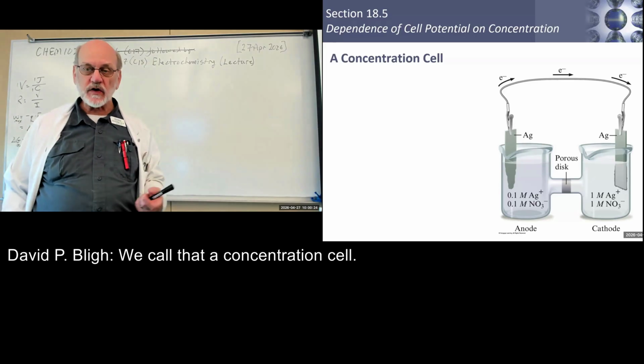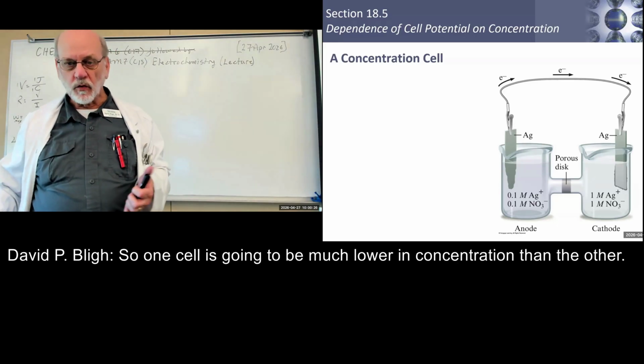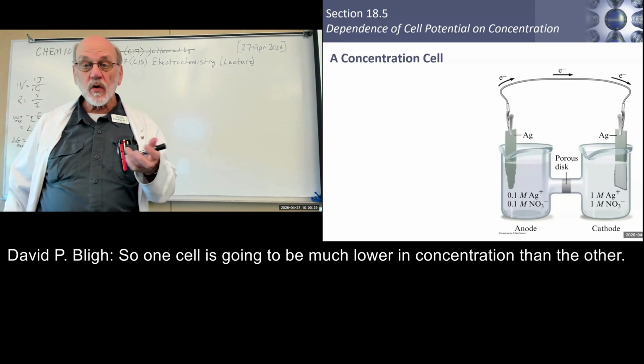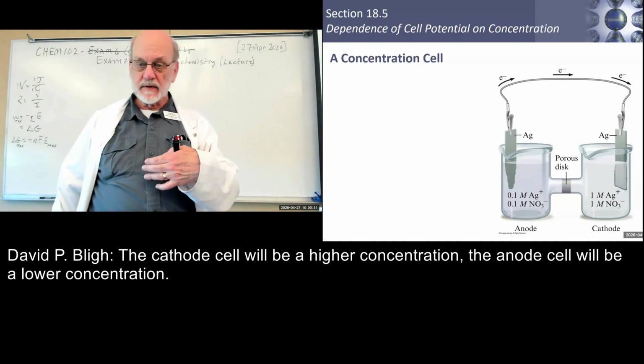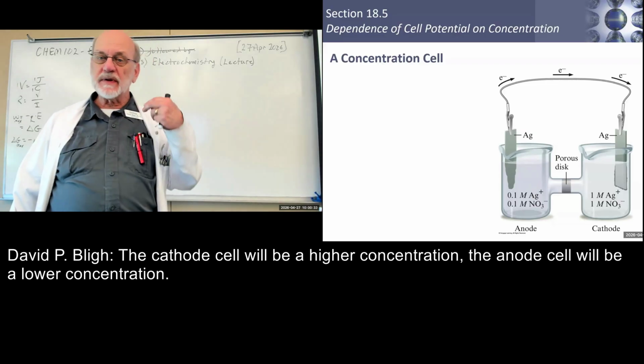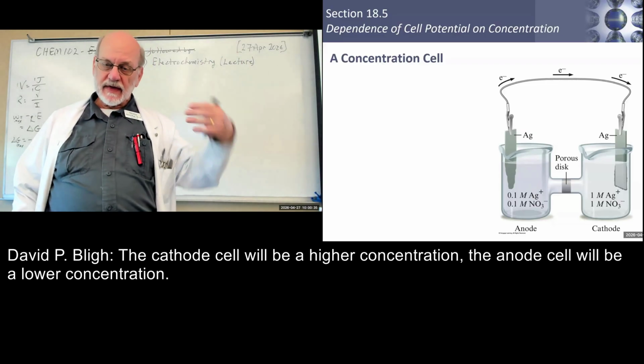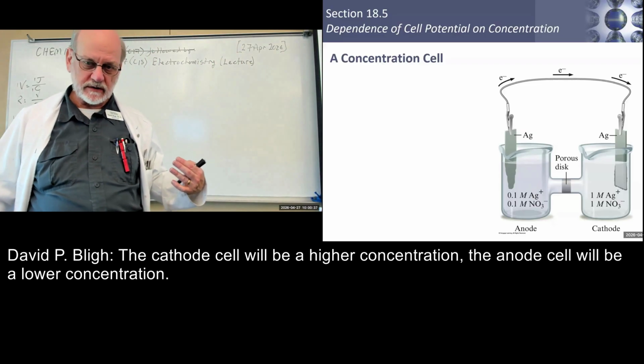We call that a concentration cell. So one cell is going to be much lower in concentration than the other. The cathode cell will be a higher concentration. The anode cell will be a lower concentration.